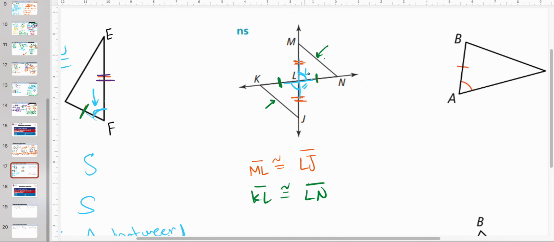This angle at L and this angle also at L, MLN, is equal to KLJ. So MLN is also equal to KLJ. What's the reason? Because they are vertical, and you have to specify the reason. Okay?